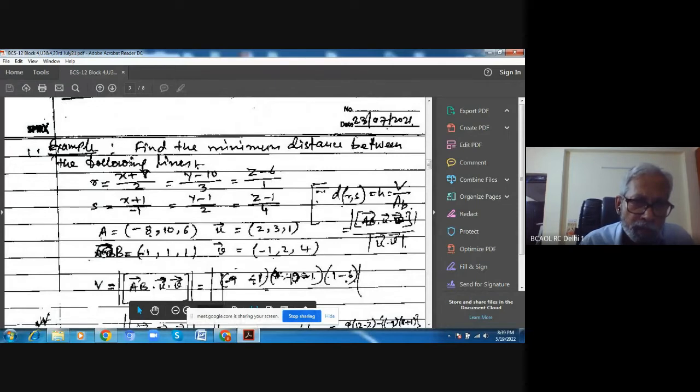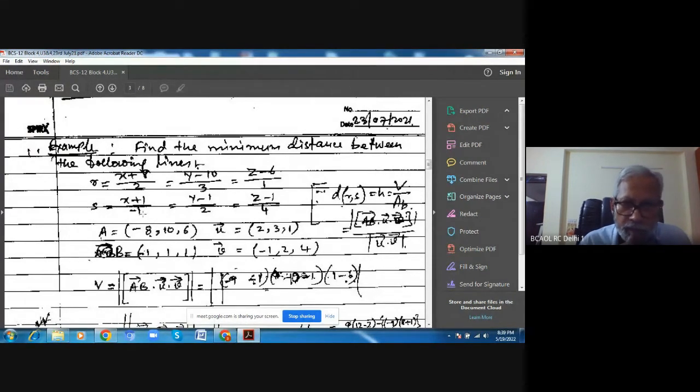Here you see some distances given, R and S. The question gives the minimum distance between the lines (x plus 8) by 2 and (y minus 10). So it is given like this.